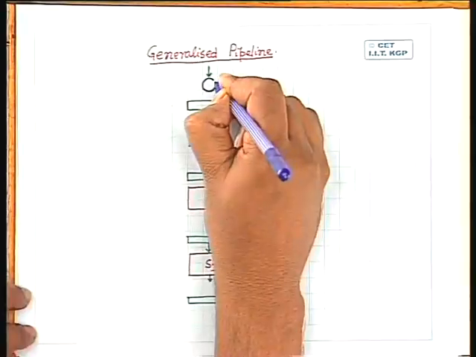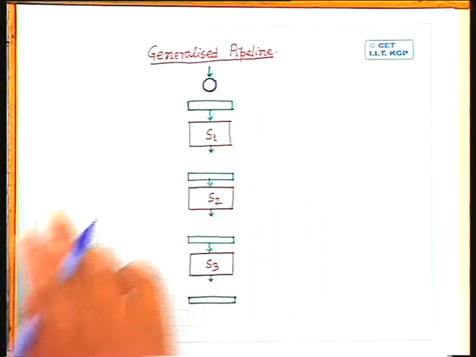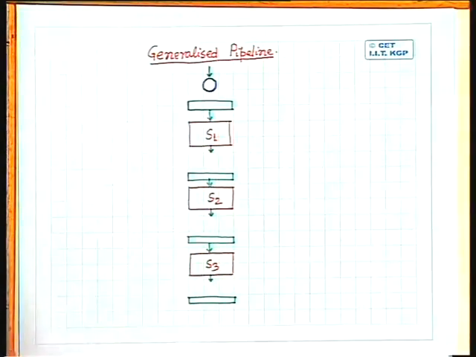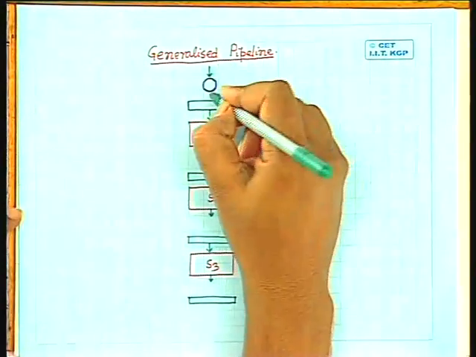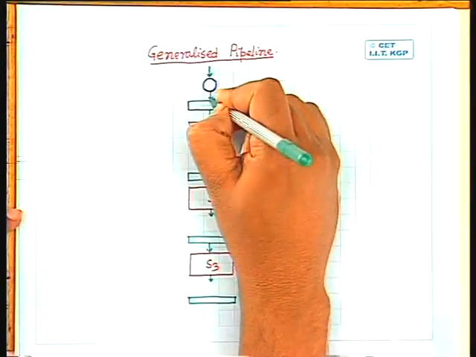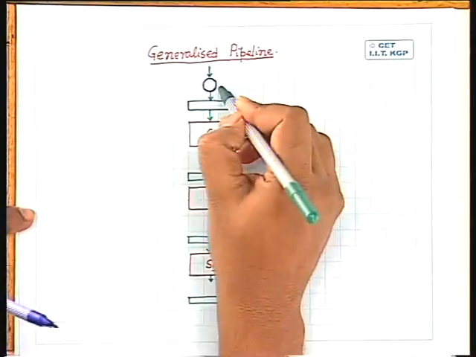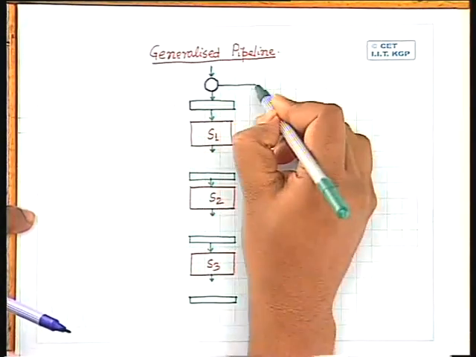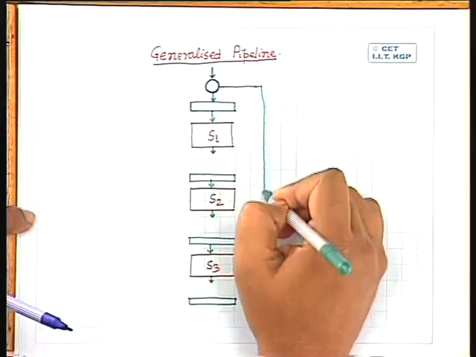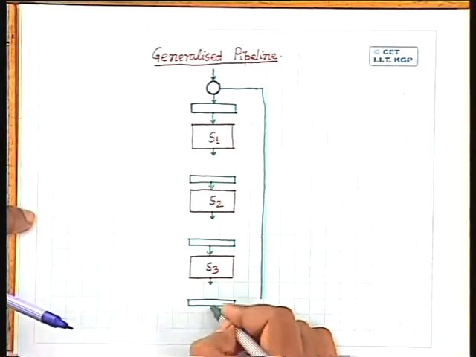So I should put some sort of a multiplexer using which I can select the source of data to the input of every latch. So what I can do is put a multiplexer here. One input of this multiplexer is the input data, and the output of the multiplexer is coming to the input of this latch. The other inputs to this multiplexer can be from the output of S3.